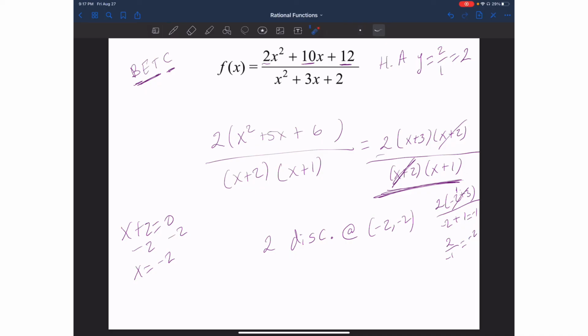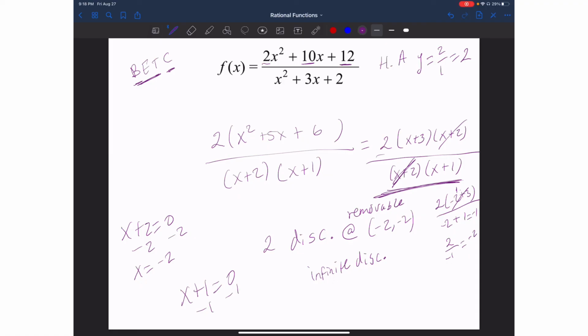We also have one that couldn't be divided out or canceled out, which is going to be x plus 1, meaning that was going to give me my infinite discontinuity. Again, this one is going to be the removable. I forgot to write it. So my infinite discontinuity will happen when x plus 1 is equal to 0.